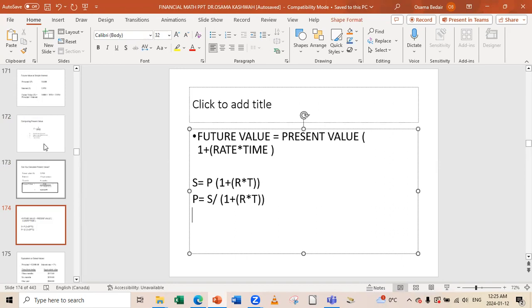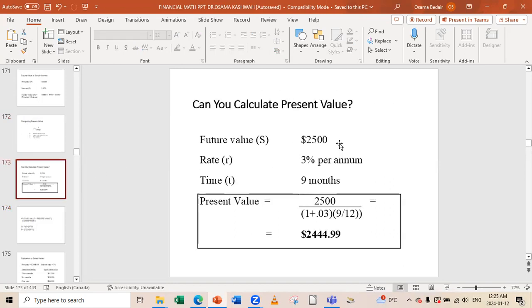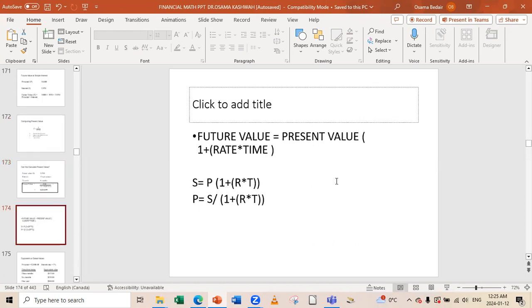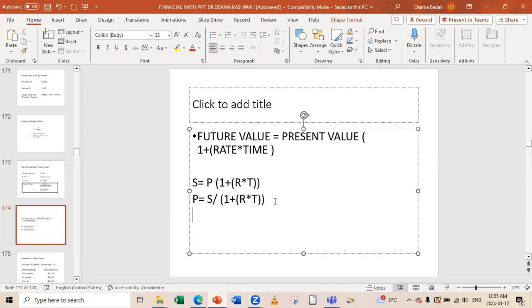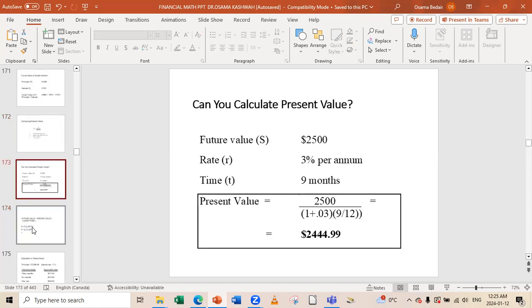So by this way, I will go back to the same example. When we apply the formula, the future value in this example was 2,500.